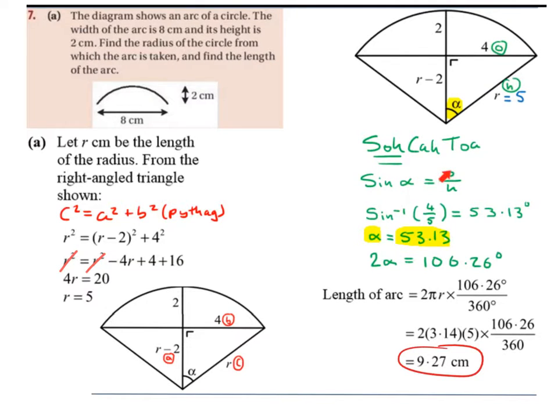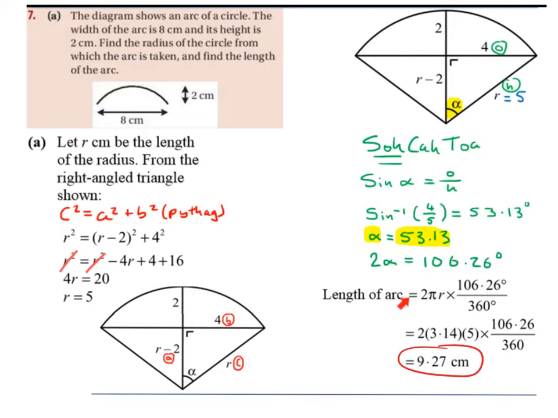So the opposite is 4, the hypotenuse is 5, and since we don't know the angle, we use sine inverse. So sine inverse 4 over 5 is 53.13 degrees. So that angle there is 53.13 degrees, and doubling that gives us 106.26 degrees. So this full angle is 106.26 degrees.